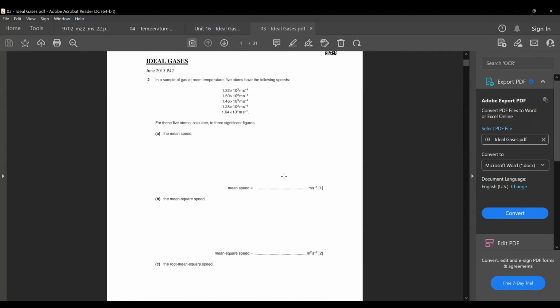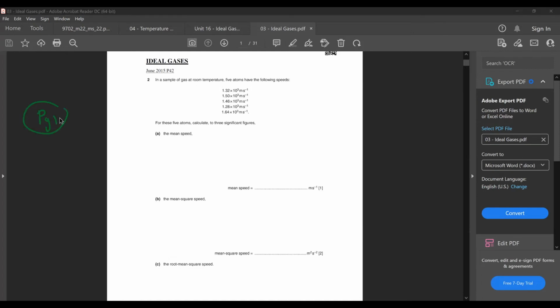This is the first page. This is June 15 P42. Let me just see the question 2.